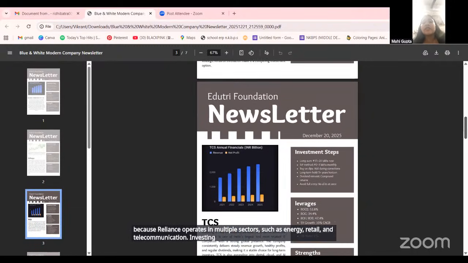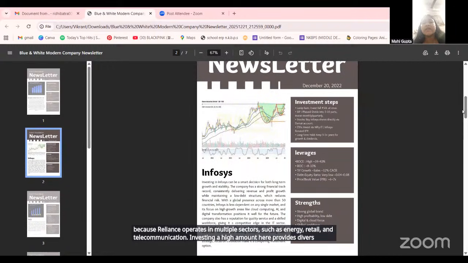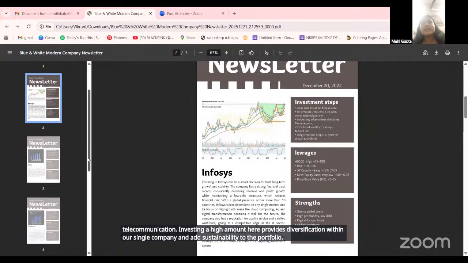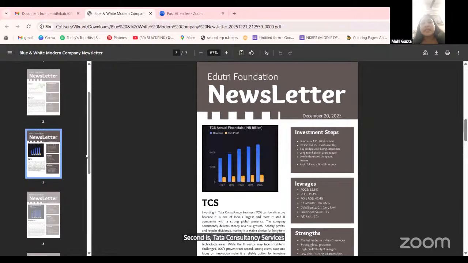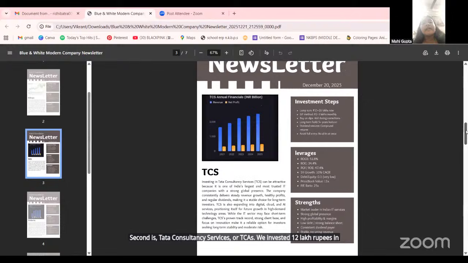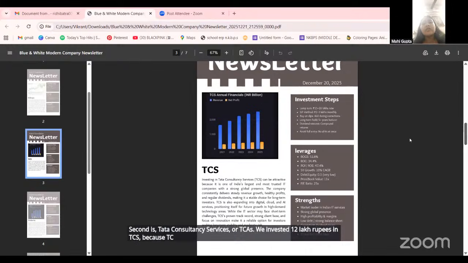Investing a high amount here provides diversification within a single company and adds sustainability to the portfolio. Second is Tata Consultancy Services, or TCS. We invested 12 lakh rupees in TCS because TCS has a long track record of consistent performance and stable revenues.